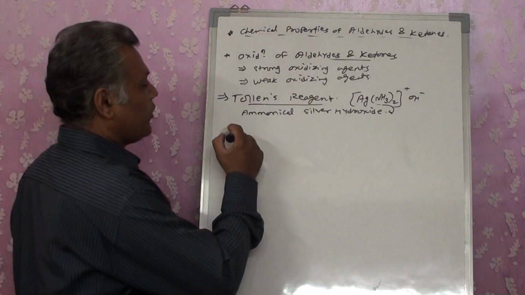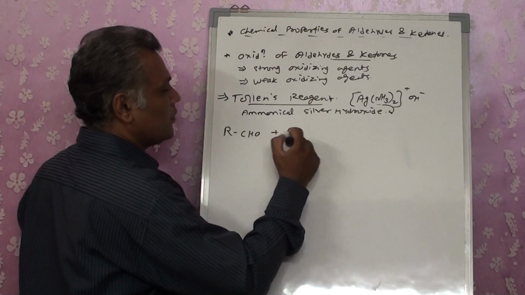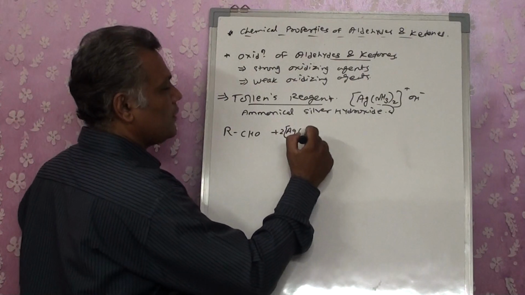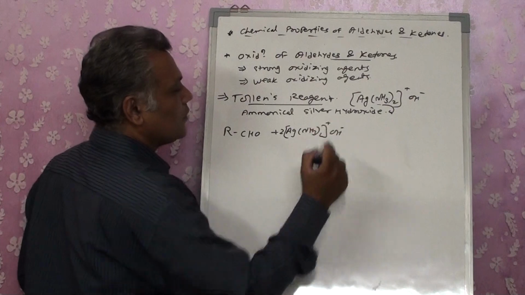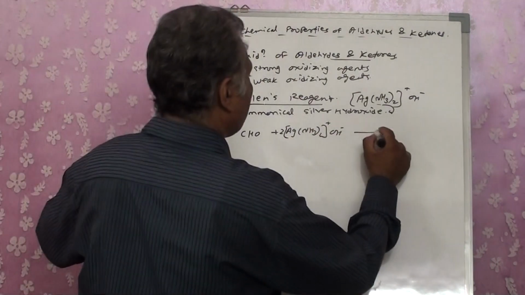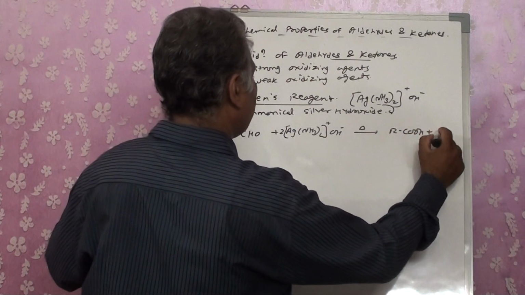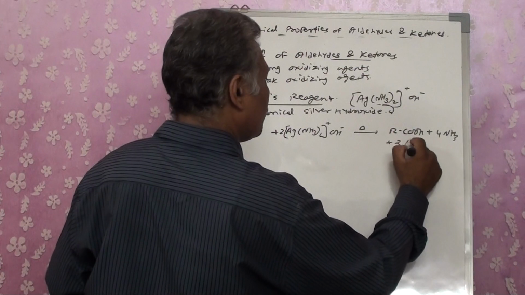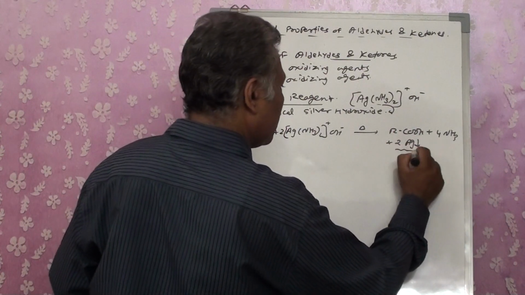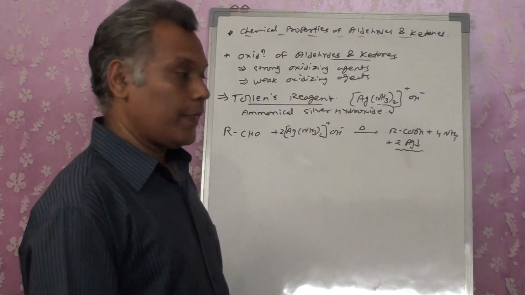Now how is this going to react? Aldehydes react with 2 moles of Ag(NH3)2OH. On heating, it produces RCOOH plus 4 moles of NH3 plus 2 Ag, which gets deposited on the inner side of the test tube.